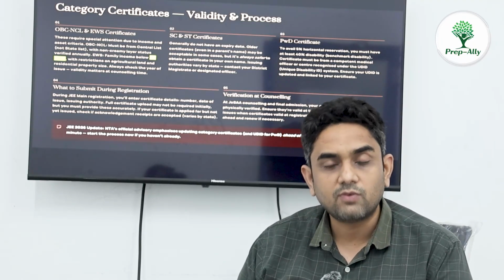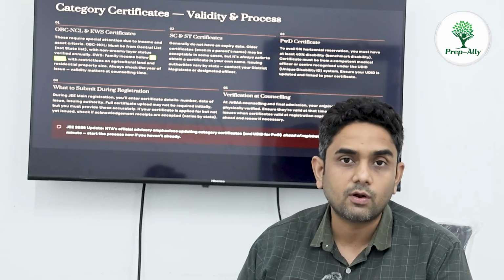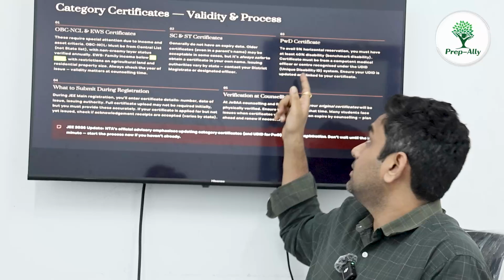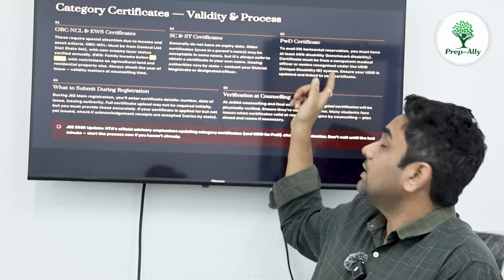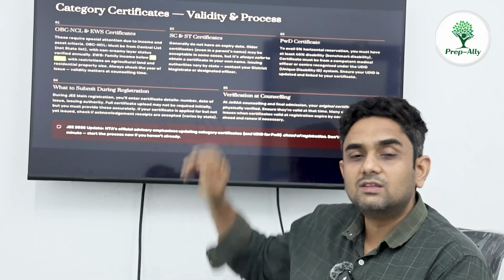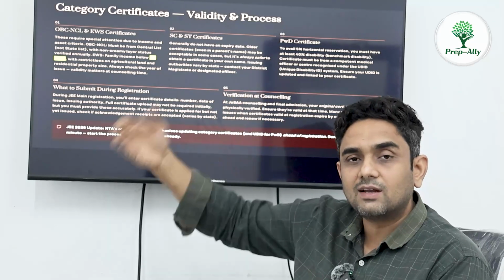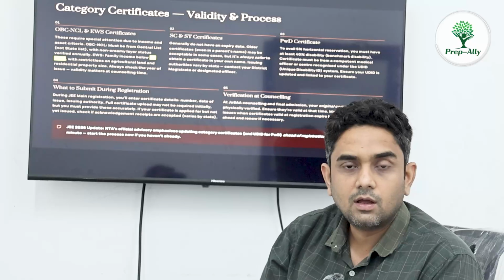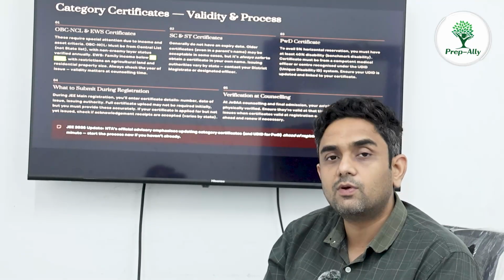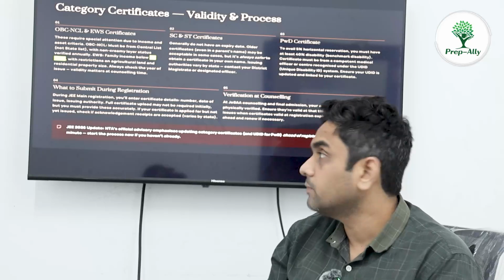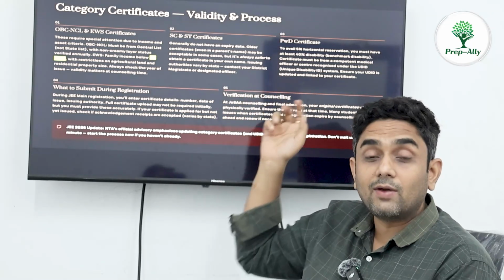You can refer to how you can get a UDID card if you are not aware of that, but you need to have a UDID card to apply for this category, with a disability of 40% or more. As I told you, this PWD reservation is not something extra, it is within the already categorized categories. So you'll have PWD for SC, PWD for ST, PWD for EWS, PWD for OBC NCL. But you require a UDID card.